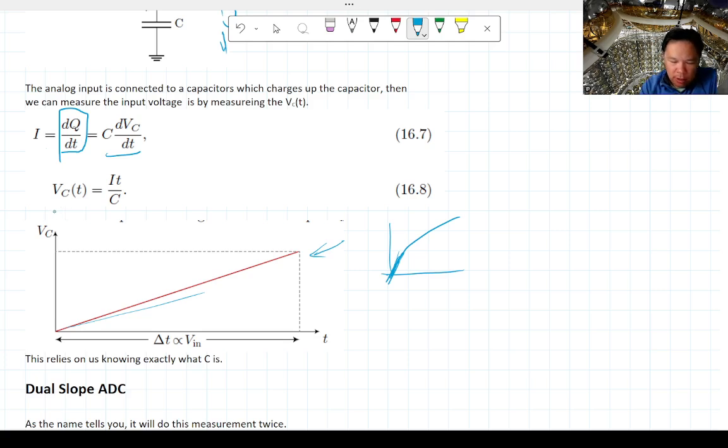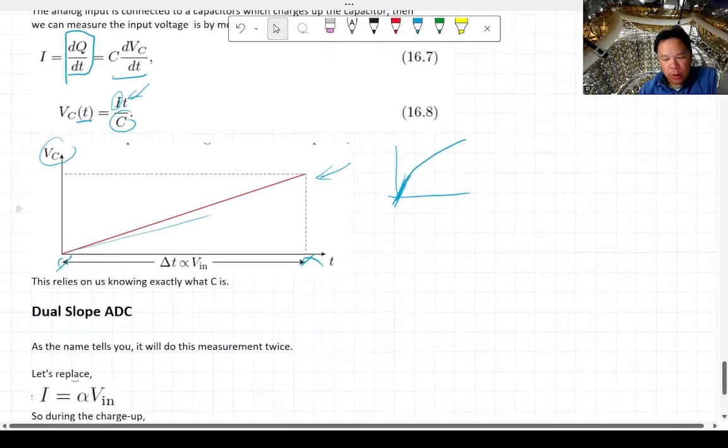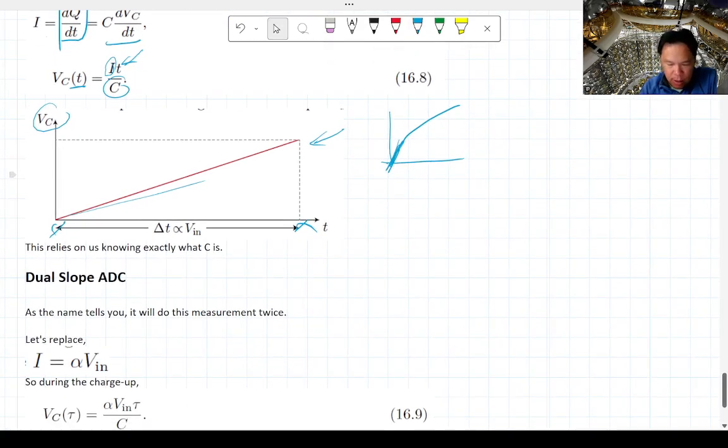You can model that as: the voltage across that capacitor is proportional to the amount of current going through it divided by the capacitance of your capacitor, times T, the amount of time you're actually charging up for. That allows us to figure out what VC is.